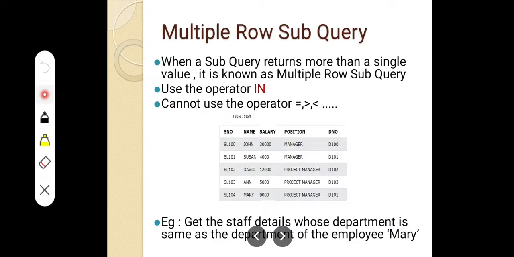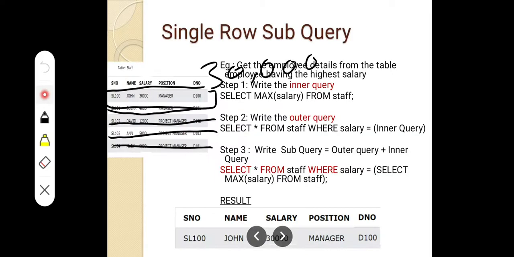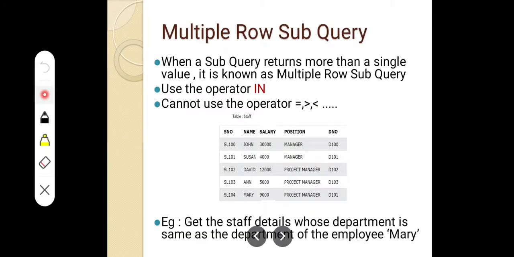Now we check the multiple row subquery. From the single row subquery, we have seen that the inner query returned only a single value. What is the result of the inner query, select max salary from staff? That is 30,000. But in a multiple row subquery, the inner query will not give a single value, it will give multiple values.